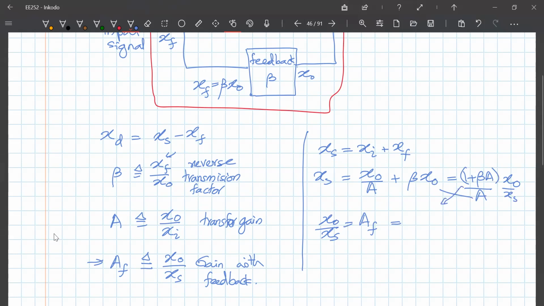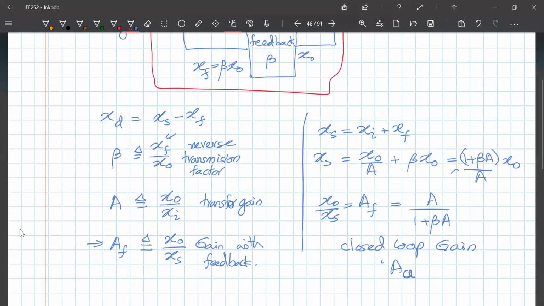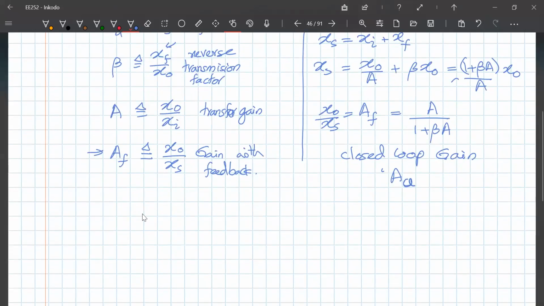You have the gain with feedback equal to A over 1 plus beta A. This is called the closed loop gain. We sometimes call it ACL. AF is also called ACL sometimes.